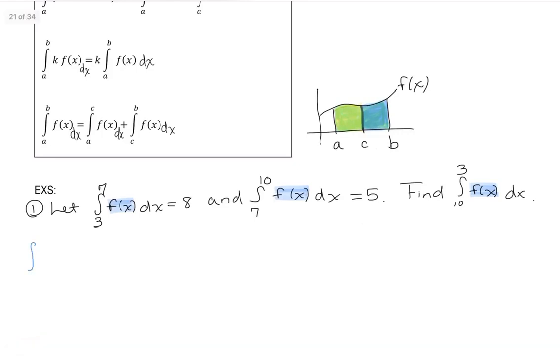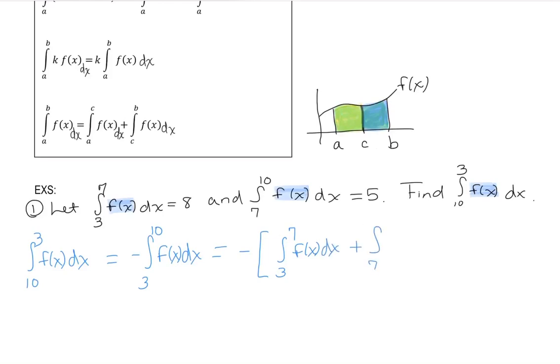So first of all, the integral from 10 to 3 of f of x dx, if we switch our limits of integration, we get the opposite result. And then, applying that last property that we have up above, we are given the integral from 3 to 7 of f of x dx, and if I add that to the integral from 7 to 10, so the second integral picks up right where the first one leaves off, that would equal the integral from 3 to 10.